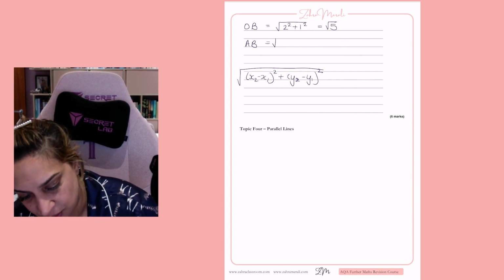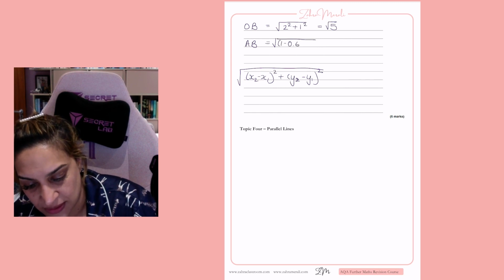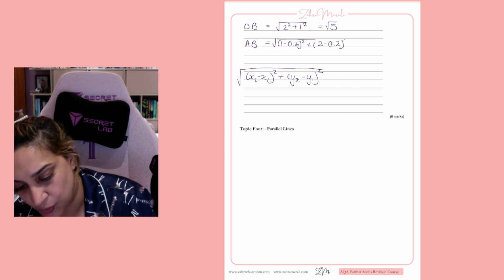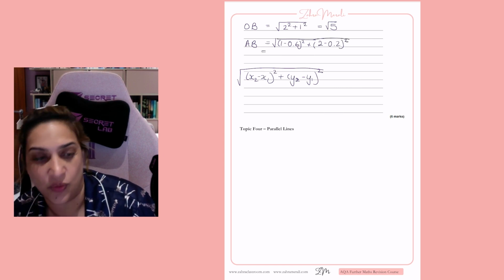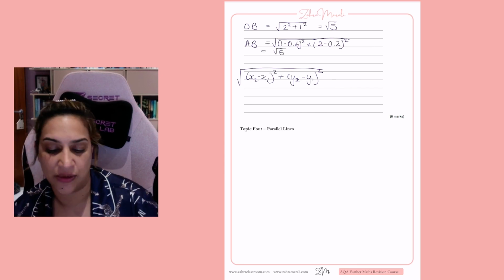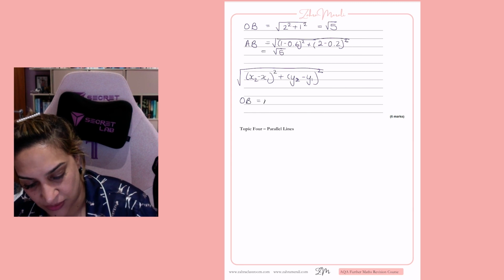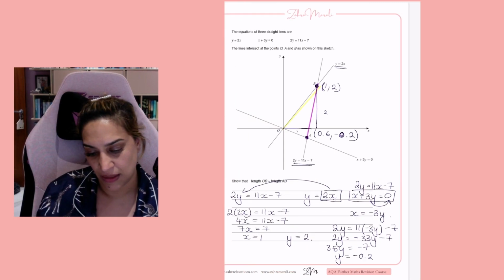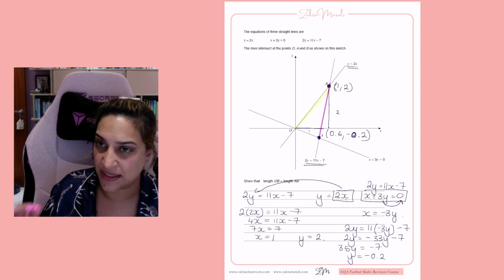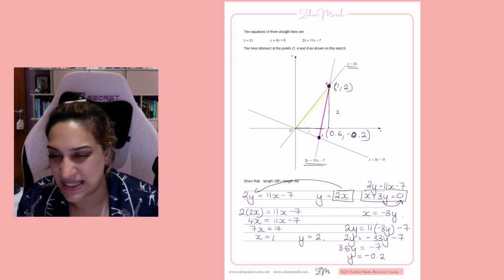In this case, we're going from A to B. So we've got 1 minus 0.6 squared plus 2 minus minus 0.2 squared. When we stick that into our calculator, this is a calculator paper, we get root 5. And then we'll just say OB equals AB. So that shows how you find the length or the distance between 2 points, but it's mainly surrounding the intersection of them as well.